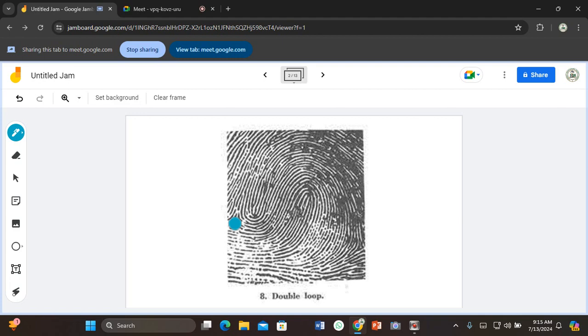The loops of a double loop do not have to conform to the requirements of the loop. In other words, we don't use ridge count here. No ridge count is necessary in any of the whorls.